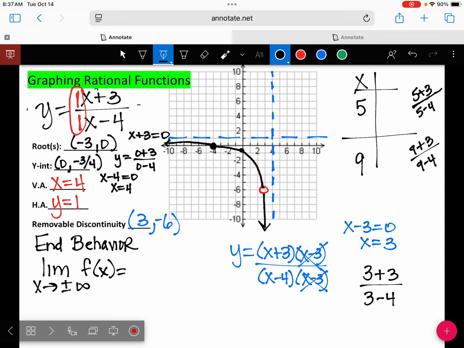And then you could just pick any number down here, any one you want to. And I picked 9, you could do 8, you could do 10. So for 5 I got positive 8. Did you all get positive 8? All right, let's plot that point.